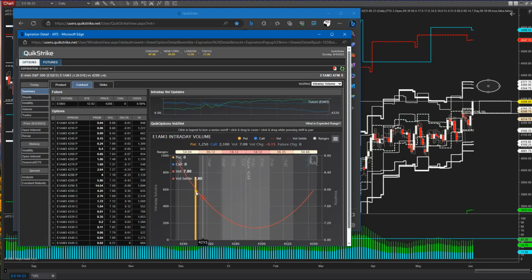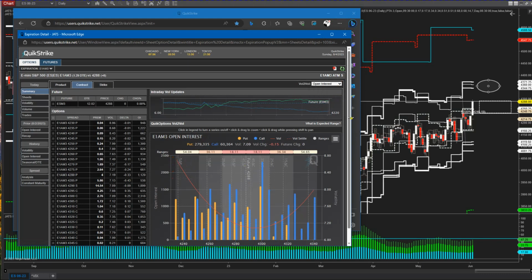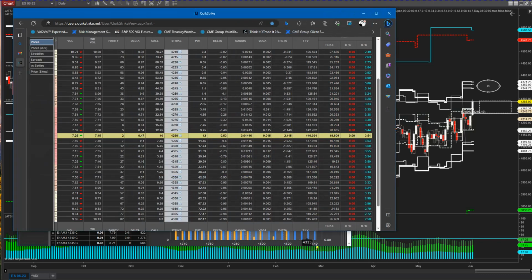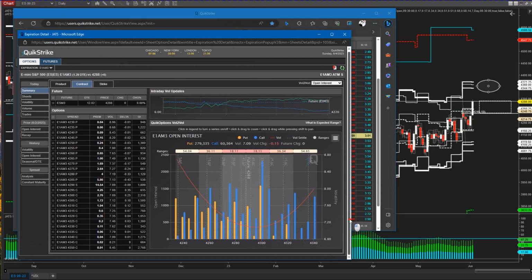So it does look like a put wall's formed, but this is the weekend, and I can hear Nick right now saying the data's not loaded, so we have to be very careful here and check it, of course, later. But 4300 has a big call wall open interest.